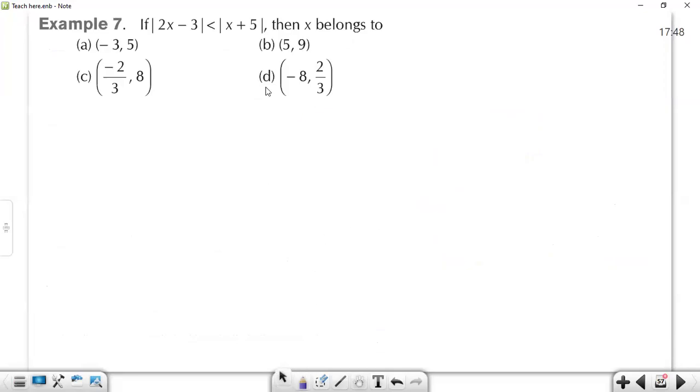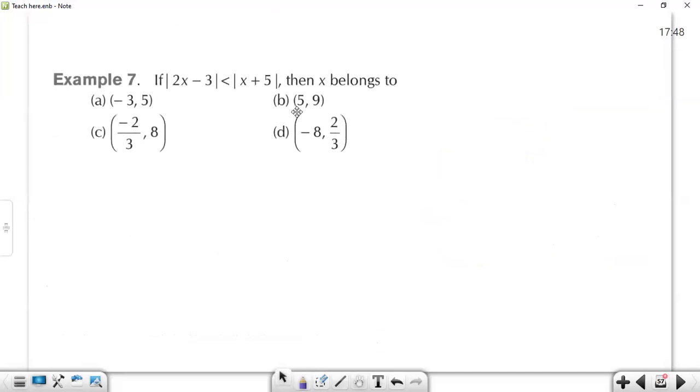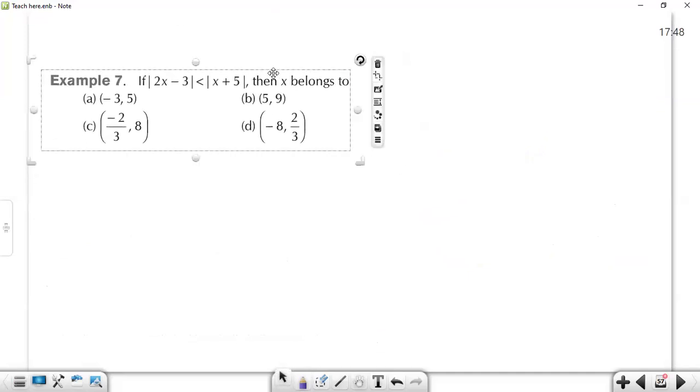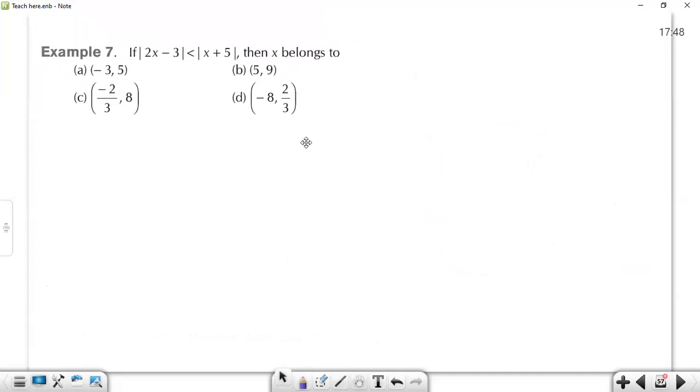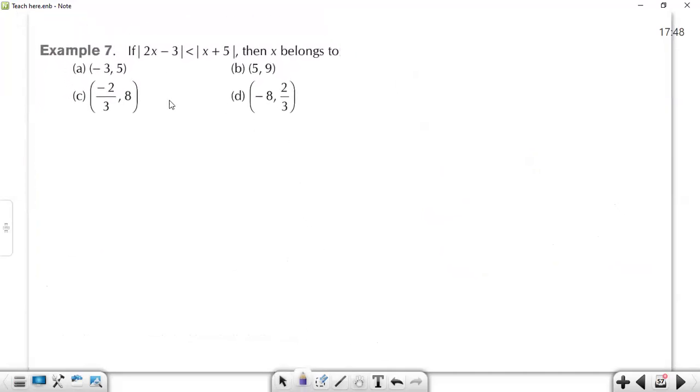So discussing this inequality, now for this inequality, we have to find out its domain of x.